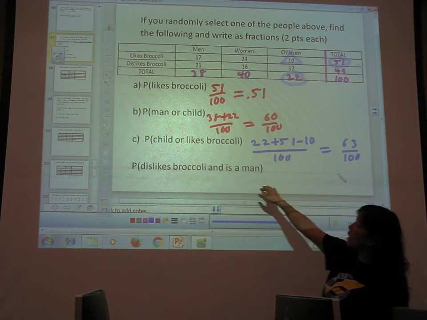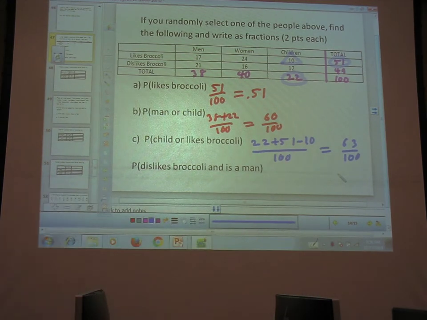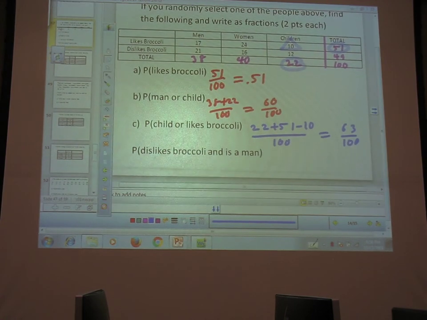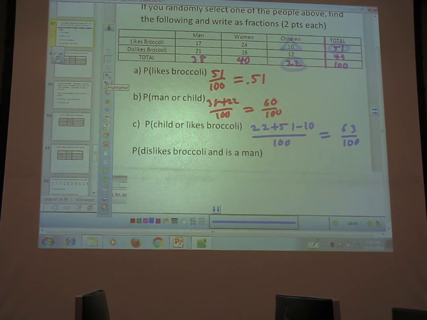All right, how about they dislike broccoli and they're a man? Everybody knows that and means multiply, right? But it's dependent. So you'd have to do dislikes broccoli, so it's 49 over 100.